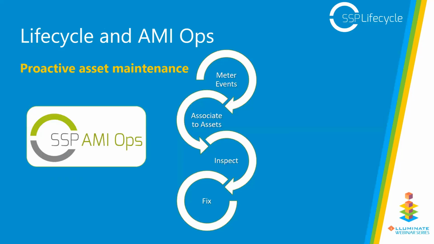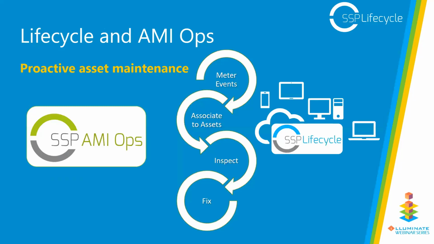So utilizing AMI Ops, you can gather up that information, you can visualize it, you can associate that to assets that you've got maintained inside of your Lifecycle system, and then utilizing MIMS, you can send folks out to the field to inspect and to do repairs on those assets that have been identified for maintenance.